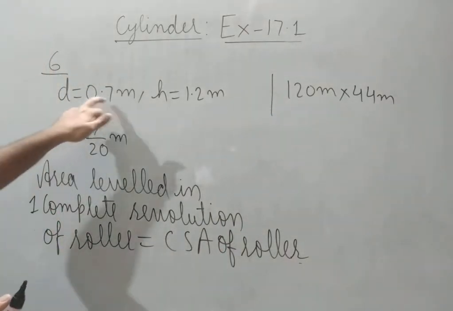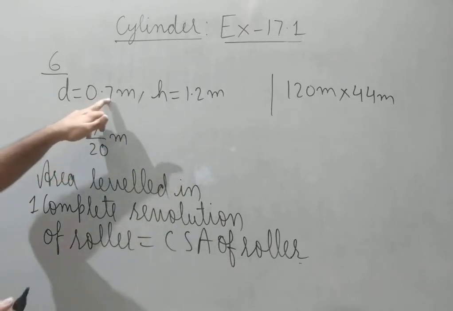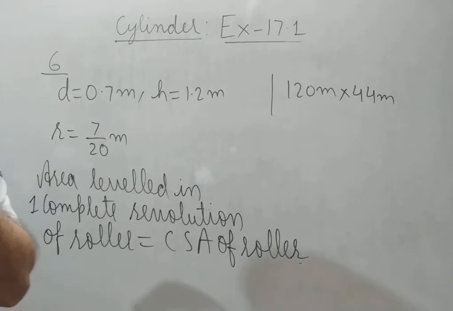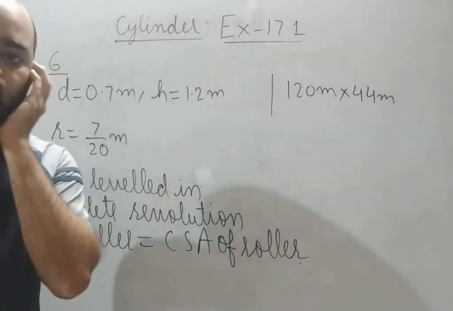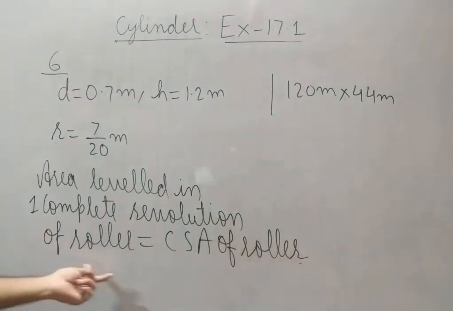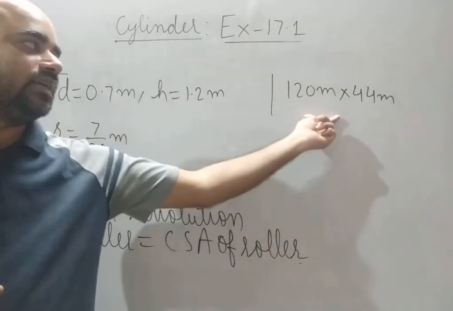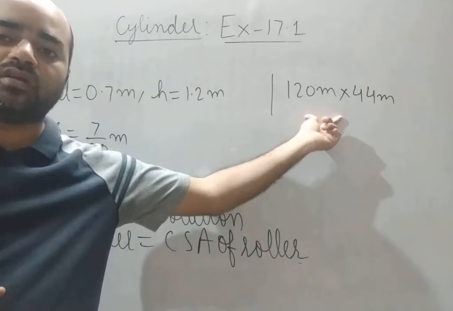Here diameter 0.7, it means radius will be 7 by 20 meter. Height is 1.2 meter. This is the area in one complete revolution. What is the total area? Total area is 120 meter into 44 meter.